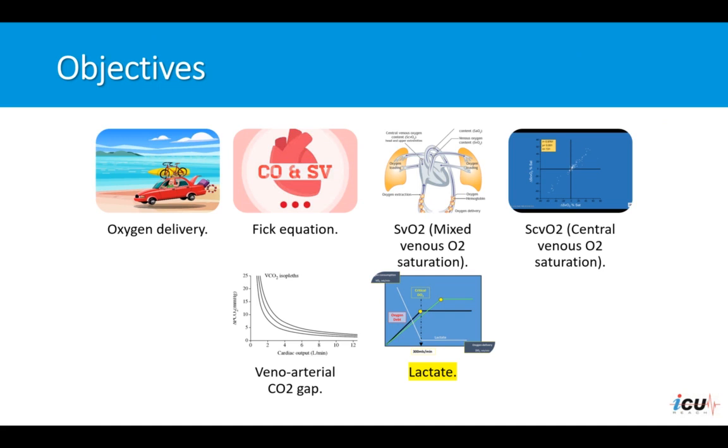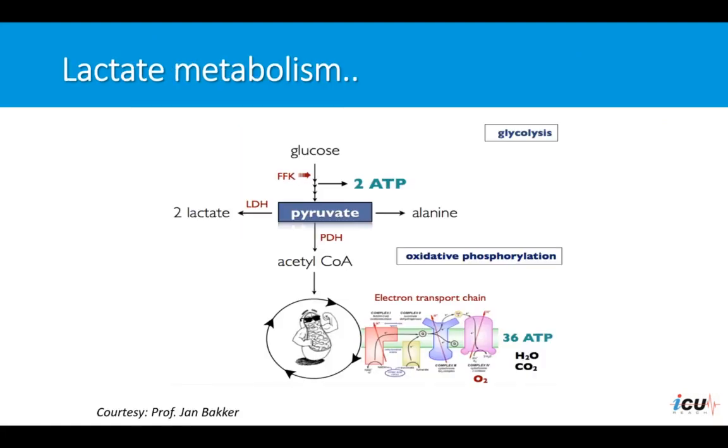And lactic acid is the indicator that we most likely use in terms of assessment of perfusion and metabolic rate, or anaerobic metabolism in the body. In order to understand this, we need to understand glucose metabolism.